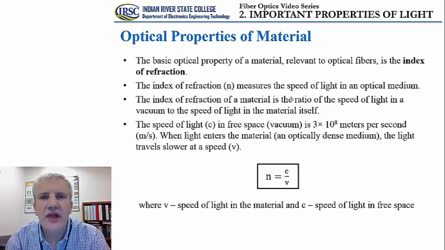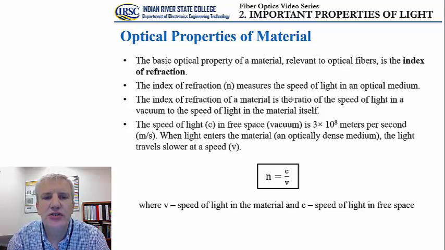It turns out that when the light propagates through a medium different than air or vacuum, the speed of light is going to be reduced below 300 million meters per second. How much the speed of light is reduced in a specific medium, in a specific material, is given by the so-called index of refraction.